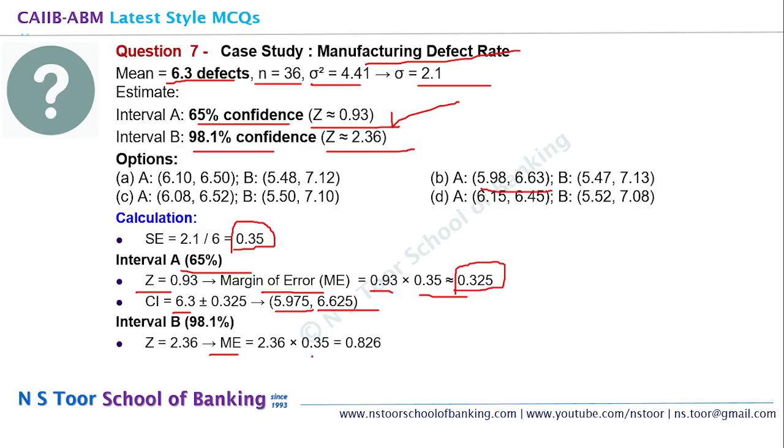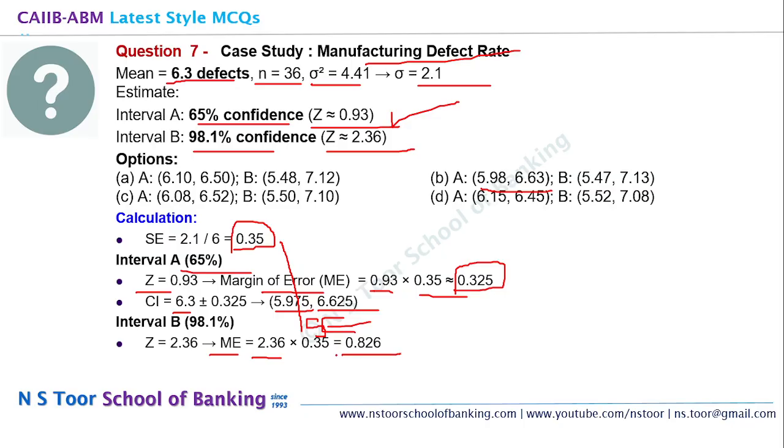So Z into standard error. What is the standard error? This is 0.35. So 2.36 into 0.35 is equal to 0.826.